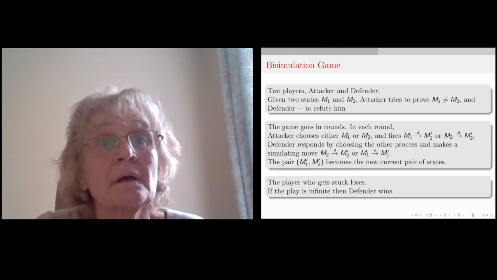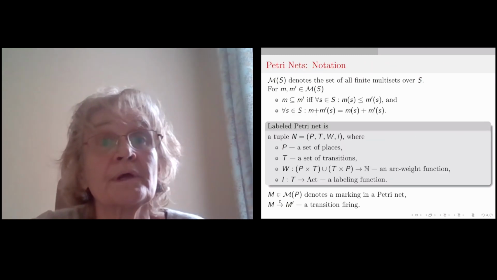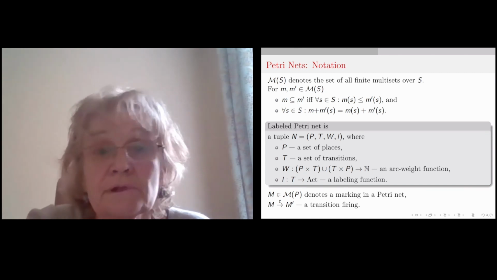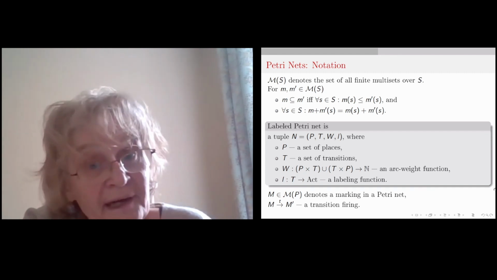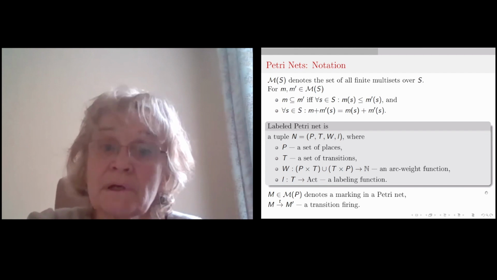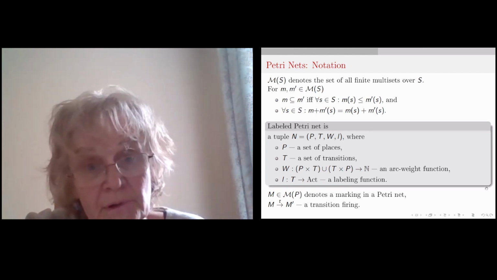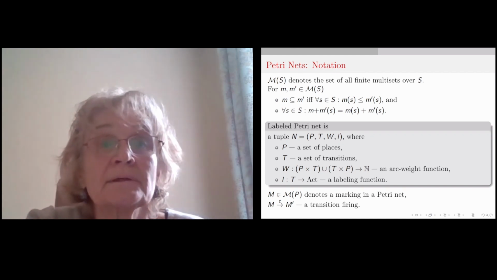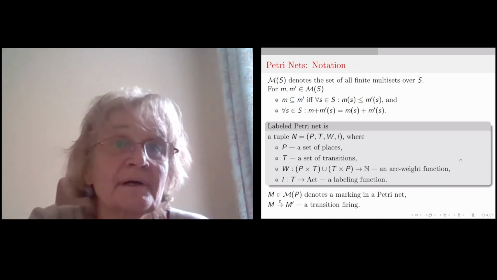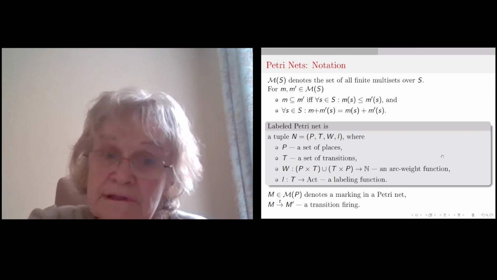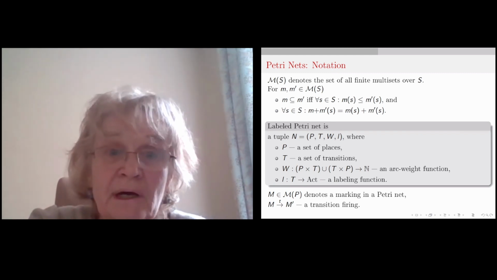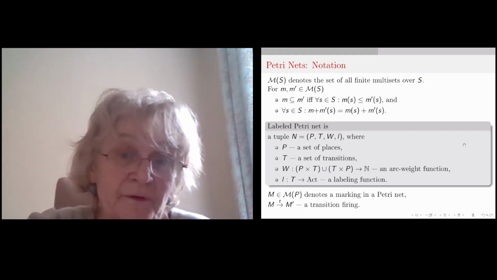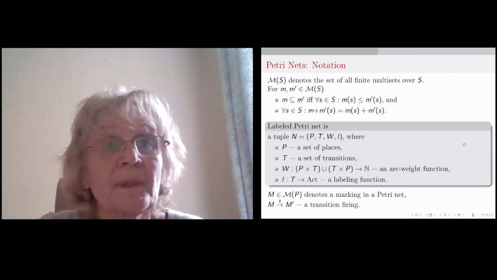Then we have these Petri nets, which can also be represented by a finite graph with two types of nodes: local states, places, and actions, transitions. It is a bipartite graph, and we have states described by so-called markings, when we put any number of tokens into places.